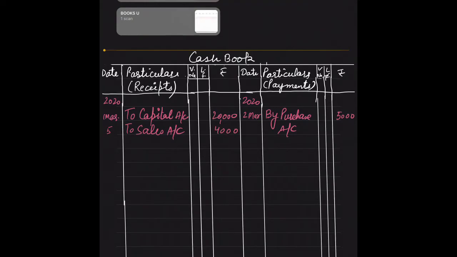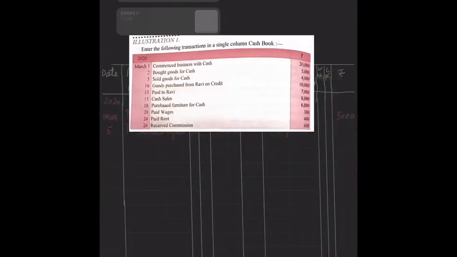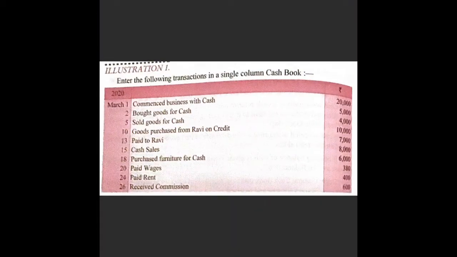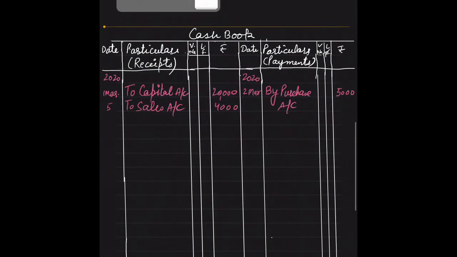If you are noticing, we will write only those transactions where cash is affected, means if cash is coming in or going out, right? The next is March 10, goods purchased from Ravi on credit. This is a credit transaction and is not recorded in the cash book, so we will leave it. The next is the 13th, paid to Ravi 7,000.